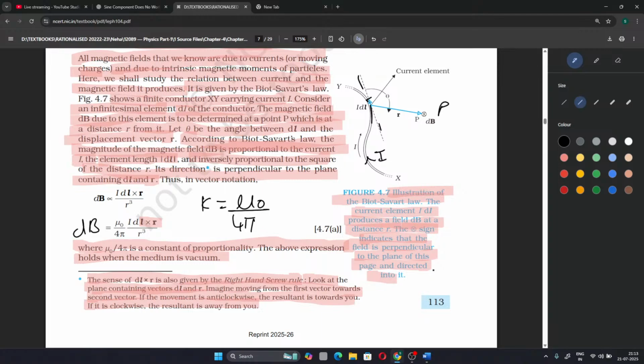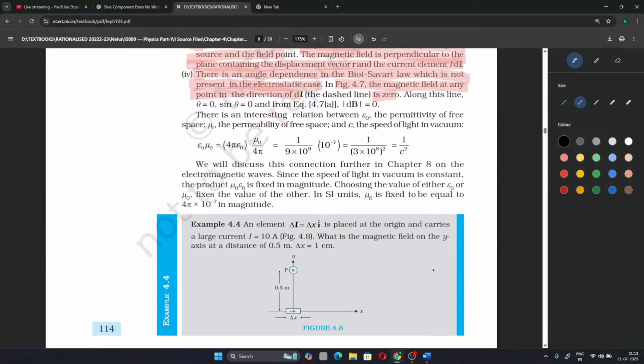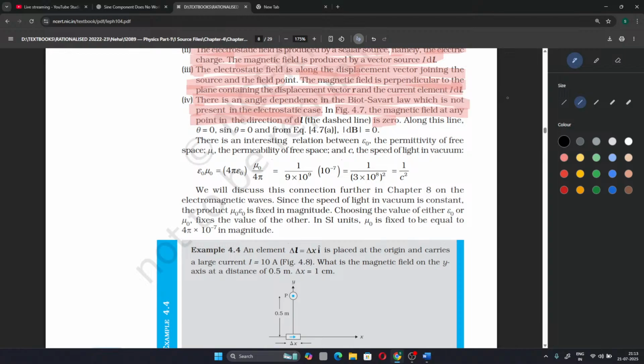Maybe it's because it is along the direction of the magnetic field. Along this line, theta equals 0, sine theta equals 0, sine 0 equals 0, and from equation 4.78, the magnetic field is 0.